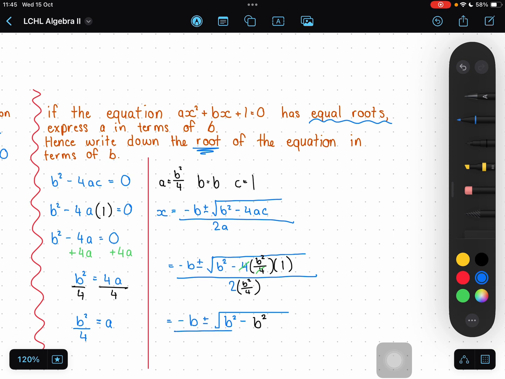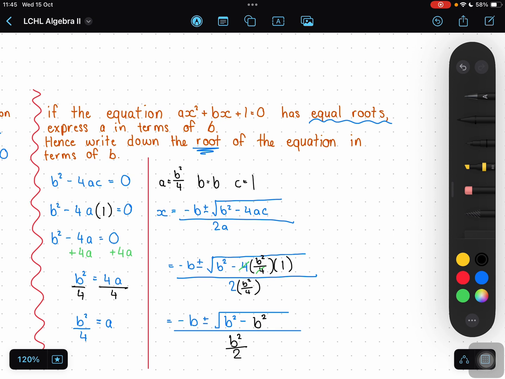And that is all over 2 times b squared divided by 4. Okay, so if I'm multiplying by 2 but dividing by 4, that's the same as just dividing by 2. So I'm simplifying 2 over 4 to being 1 over 2. So that can simplify to being b squared over 2.